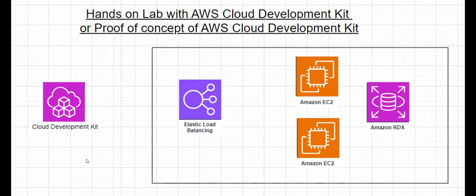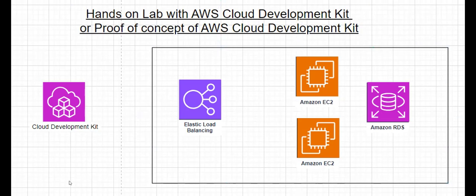Then from that, you synthesize your CloudFormation templates, that is JSON templates, using the CDK synth command. Then you deploy it by using the CDK deploy command, so that your whole environment will be deployed in CloudFormation, your stack will be created, your resources will be created and your environment is visible.